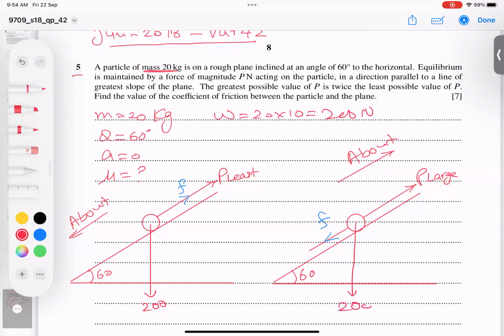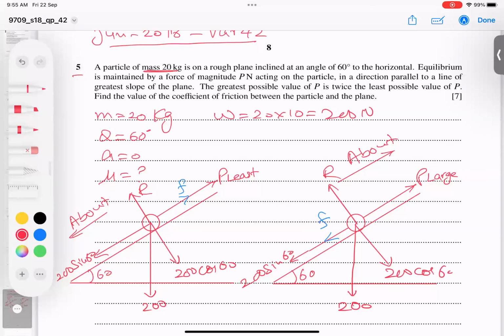All students know that this component is always 200 sine 60. R acts at 90 degrees with the surface, so it acts upwards, and the component balancing it is 200 cos 60, acting downwards.